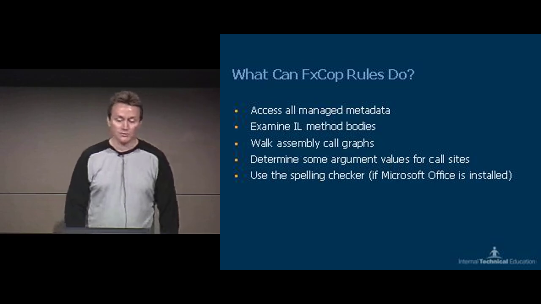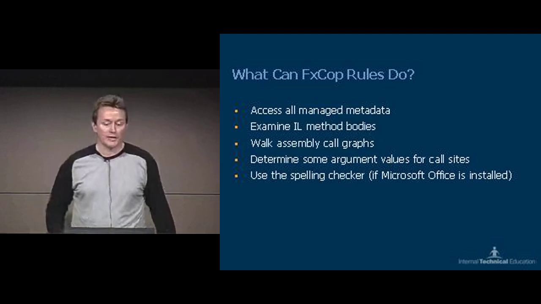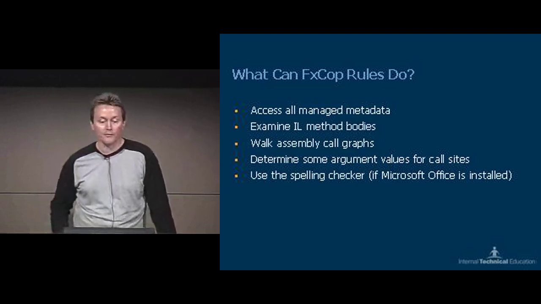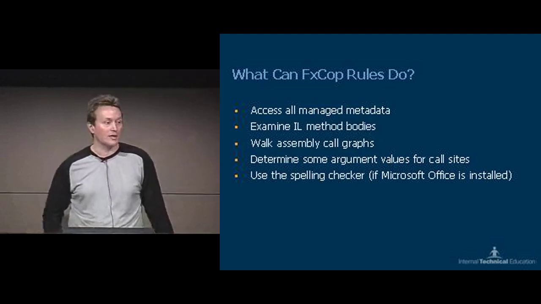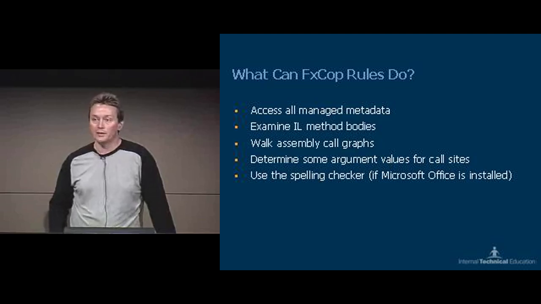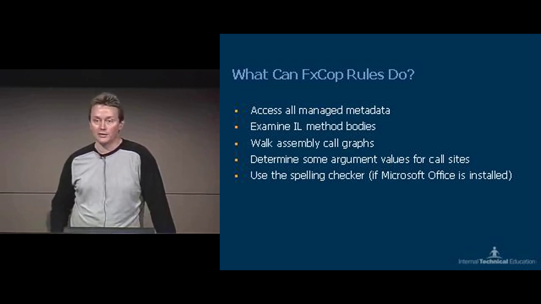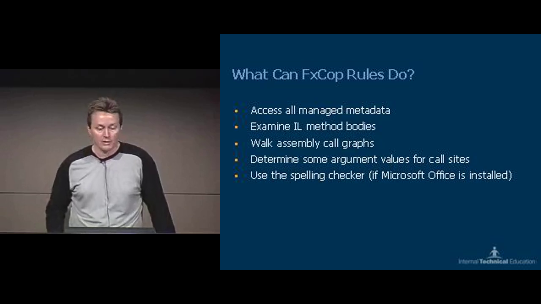So now let's drill down a bit on what FxCop rules can do. FxCop rules can analyze all managed metadata, so all information that's expressed in your assemblies. We can create rules to check for conditions on those things. That includes attributes in your assembly, anything on types, on methods, on parameters.